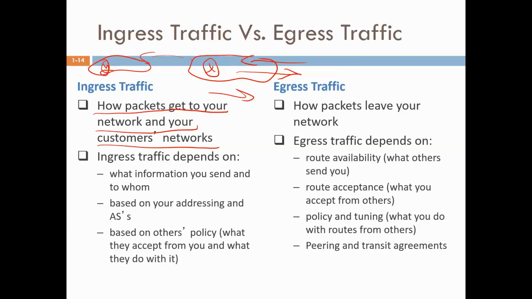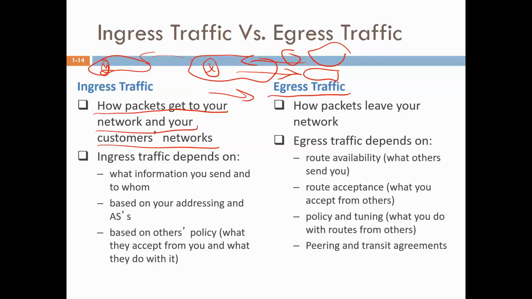This is the easy part, because every autonomous system will have control over what it announces to the world. They are free to announce whatever they want. The more difficult one is the egress traffic, the traffic that is going out, the traffic that my customers send to the rest of the world. This is based on the announcements that other autonomous systems make. And what do I do with these announcements? Do I accept these announcements? Do I reject them? Okay.